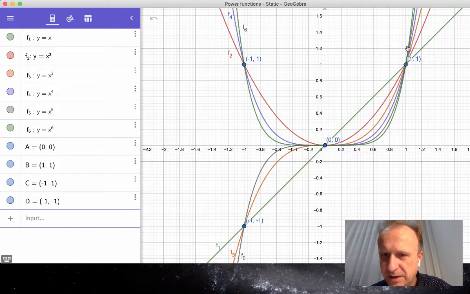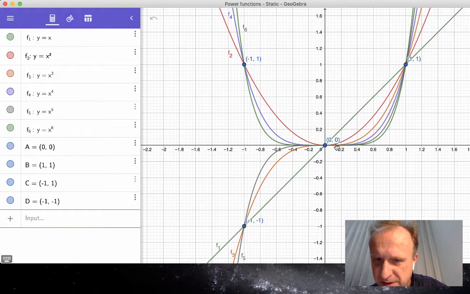It's this one here, and on this side it's there. Then there is y equals x to the power of 3, in orange, so you see it here. It goes like this, and here in the third quadrant like that.